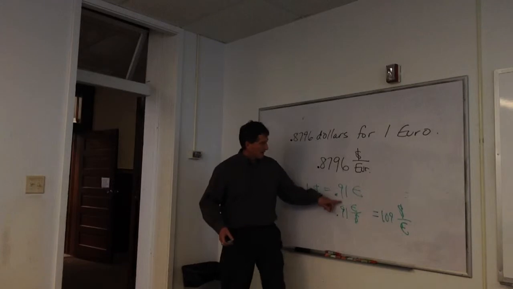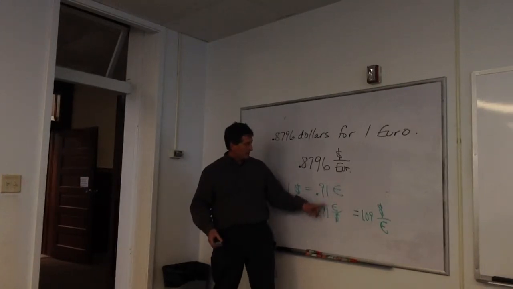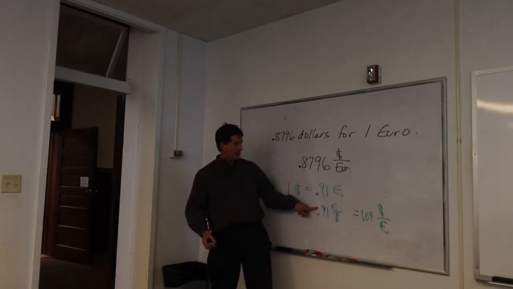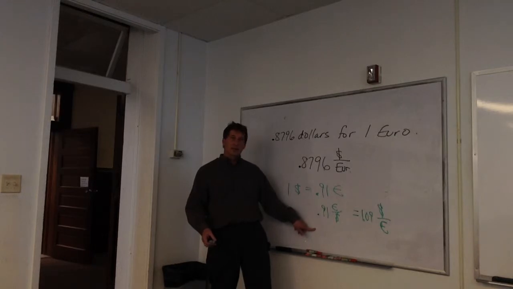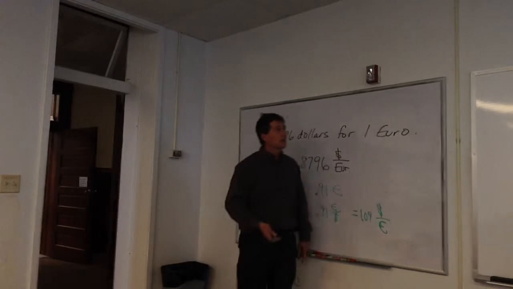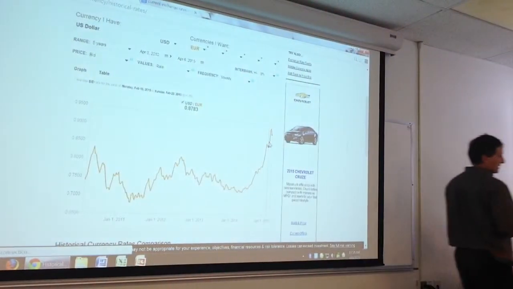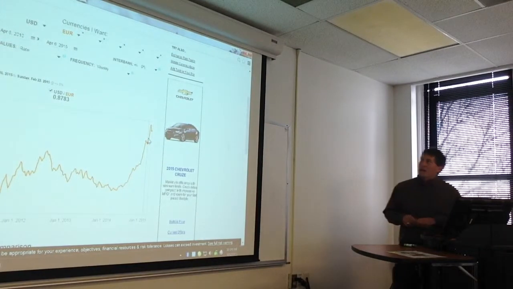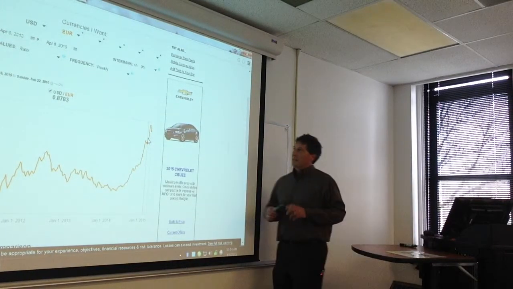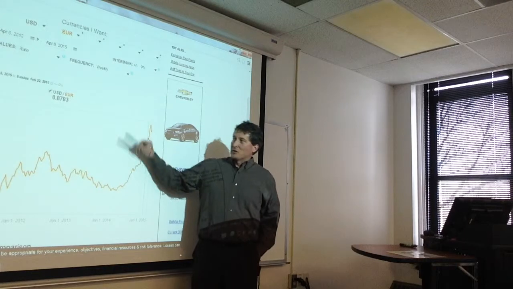So we've got more compared to less. If we go back to thinking how many euros does $1 buy? Well, it used to buy 0.87. Now it's buying 0.91. So it's getting more euros. You're buying more. So that's an appreciation of the currency when it's expressed this way. And this is one of the things that gets confusing with exchange rates.